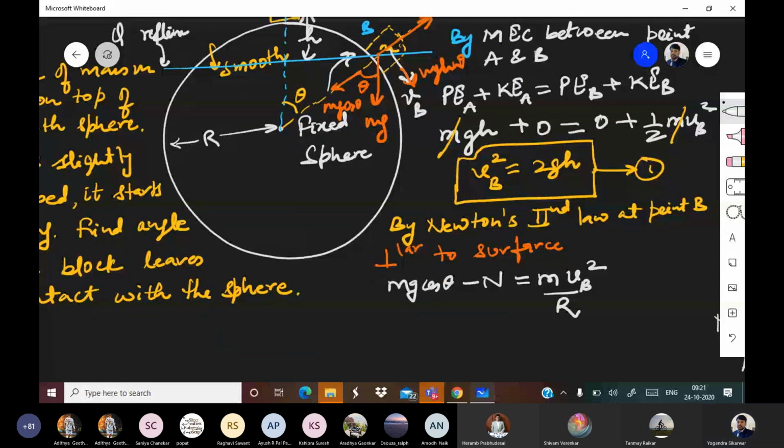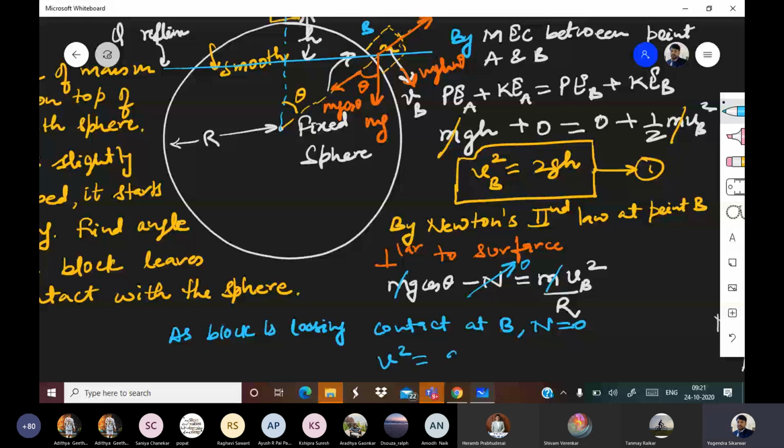As the block is losing contact at B, so N will become 0. So what we can do, we can put N is equal to 0, and it is equal to 0, not tending to 0. So from here, what do we get? V square is equal to gr cos theta. This is equation number 2.